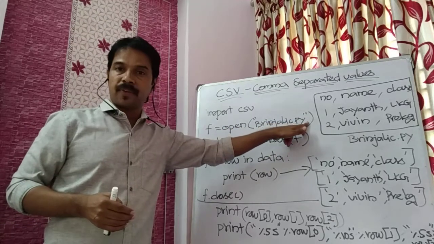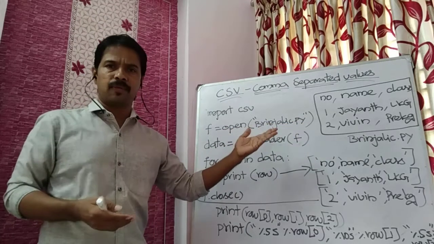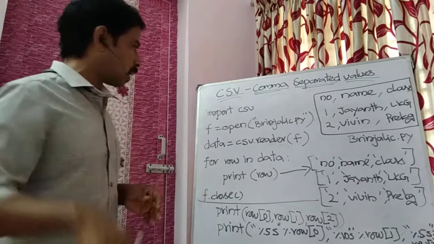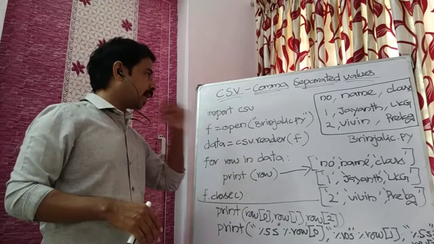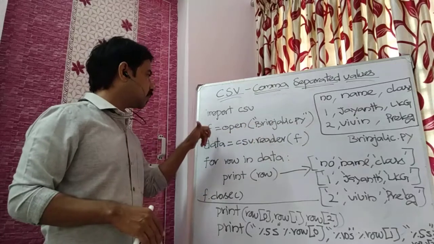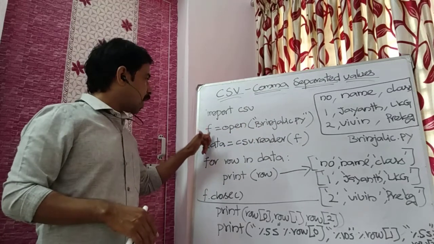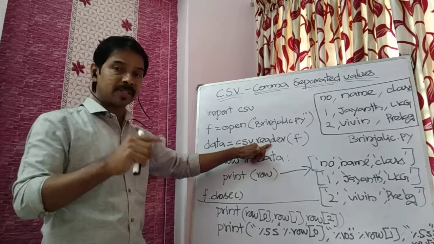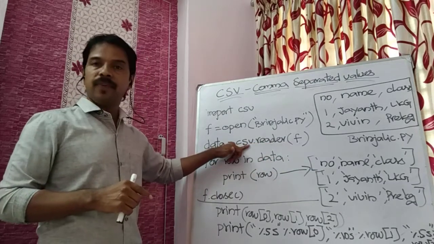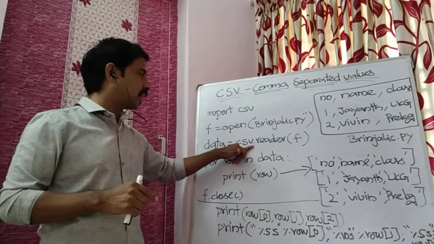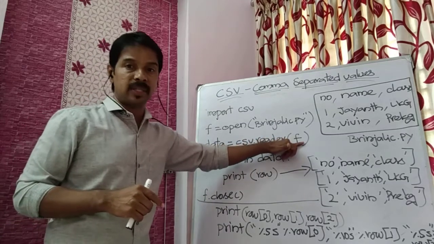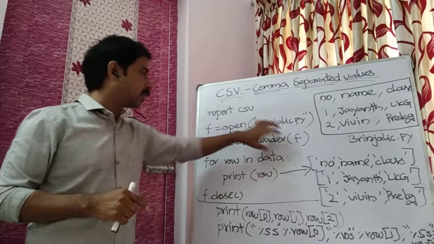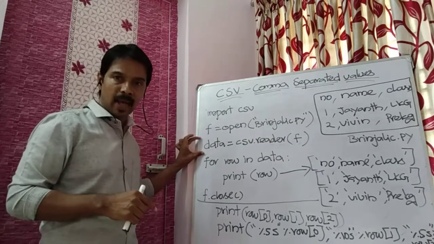I did not specify the mode read here. You can specify it if you want, but by default it is read only. Now the data connected with this file stream is read using the reader object present inside the CSV module: csv.reader of f. The data is read through this reader object and stored inside the variable data.